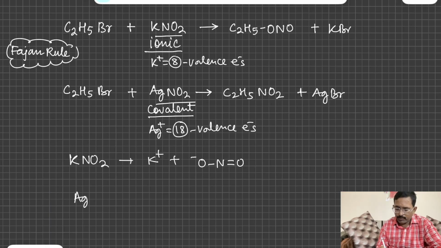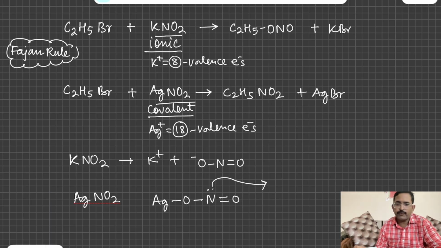But when we talk about AgNO2, because of being covalent in nature, its oxygen is in bonded state, and the lone pair of nitrogen will come into play, and that's why in the later case formation of a nitro compound is observed.